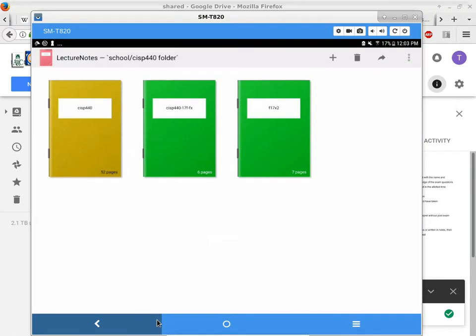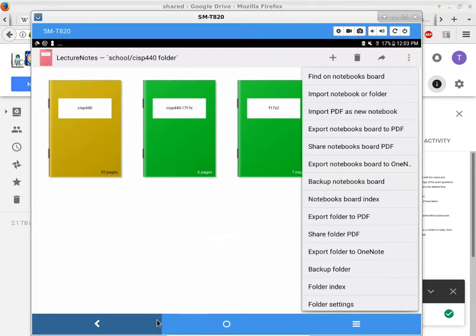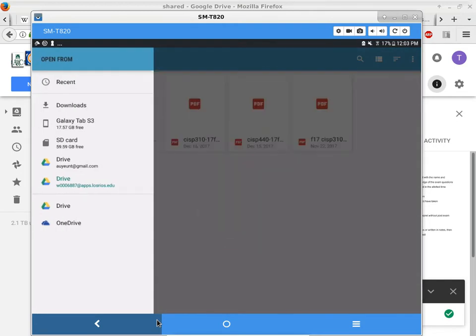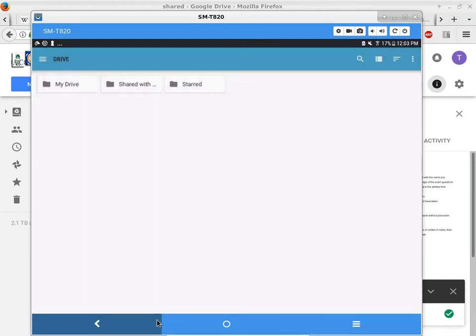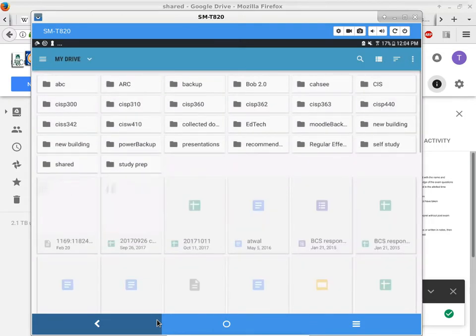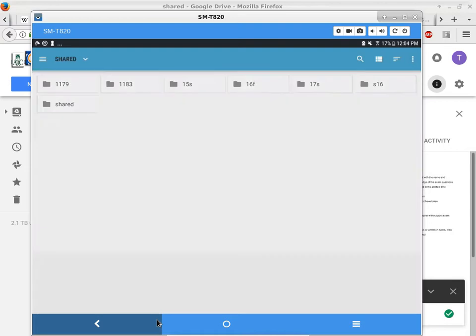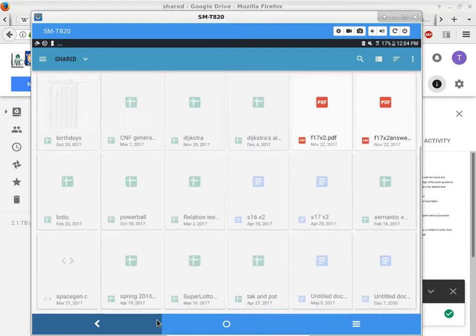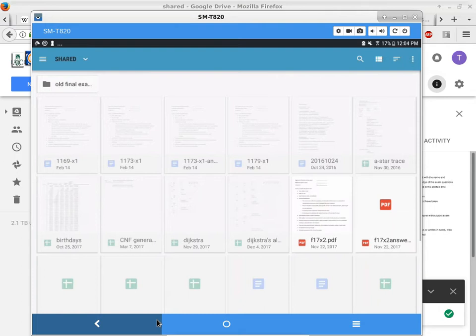On the tablet side there's a way to import, so I can import PDF as new notebook and navigate to my Google Drive, my drive, cisp440 shared, and it's the last item, and I'm not seeing it.